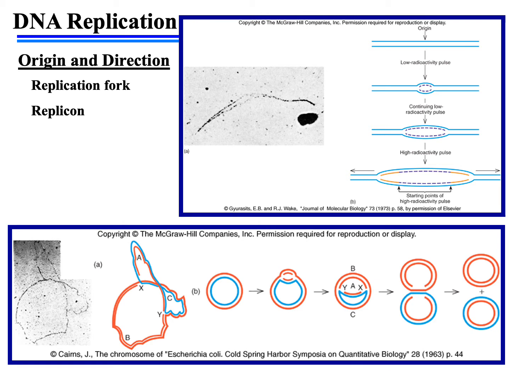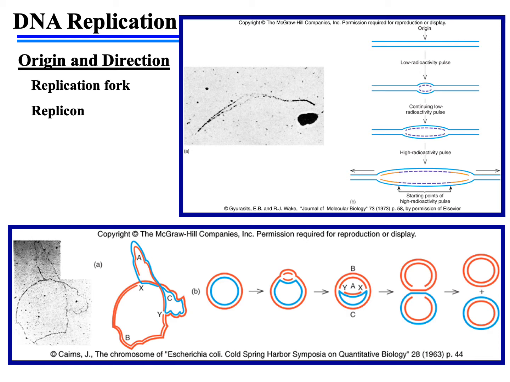However, bidirectional replication would be replication that started at the replication origin but moved away from that replication origin in both directions away from the starting point. In that model, what you would expect then is those two ends to meet up at the opposite location of the circle.